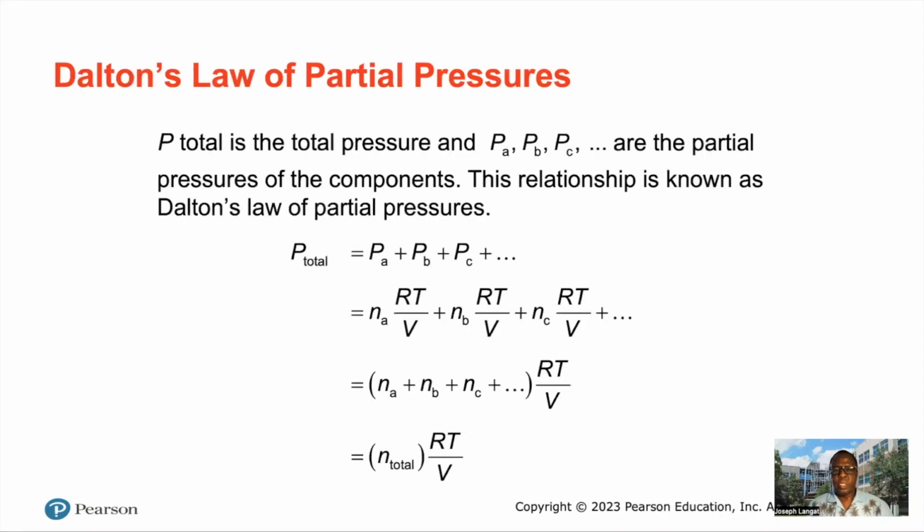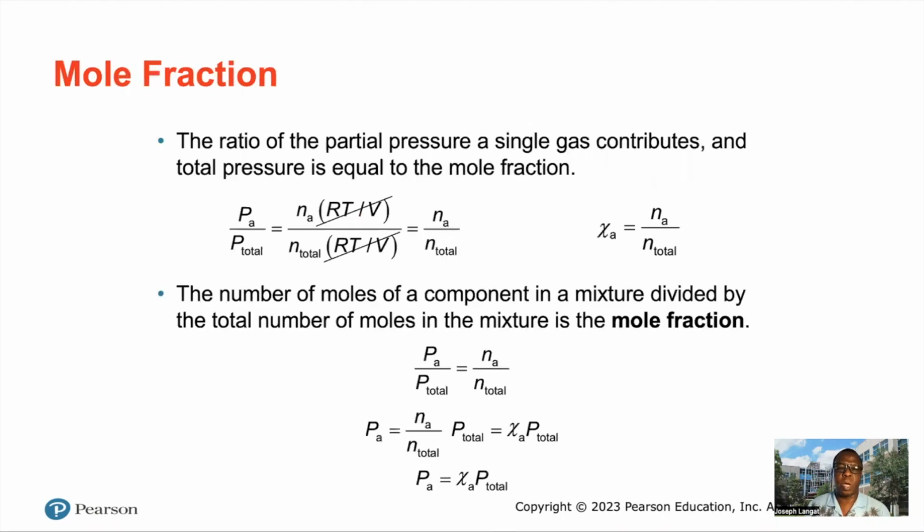So Dalton's law of partial pressures is of this type: P total equals the summation of pressure 1, pressure 2, pressure 3, and so forth, depending on what you have. The ratio of the partial pressure a single gas contributes to the total pressure is equal to the mole fraction.